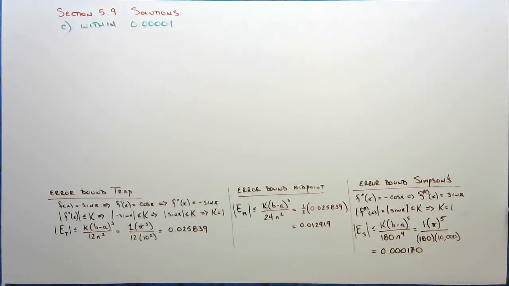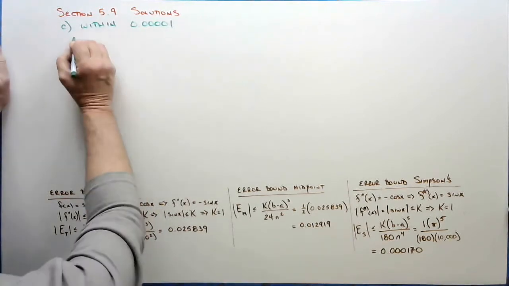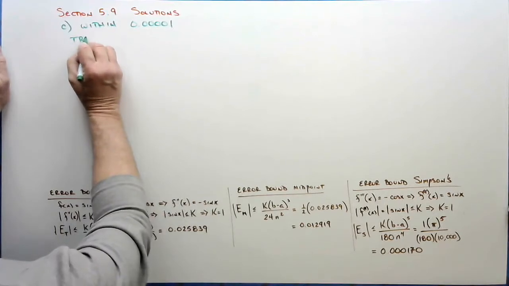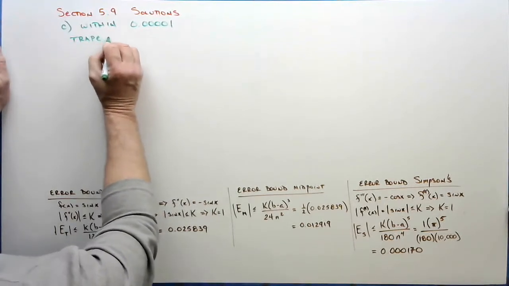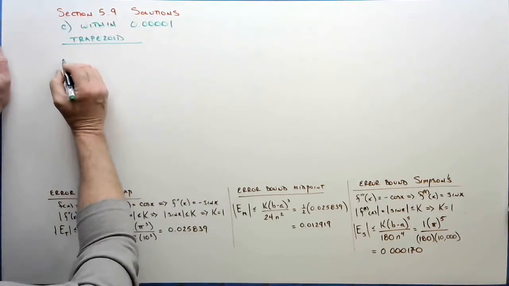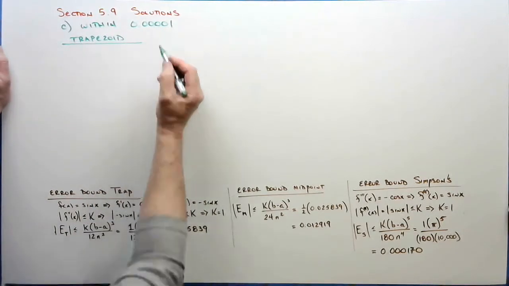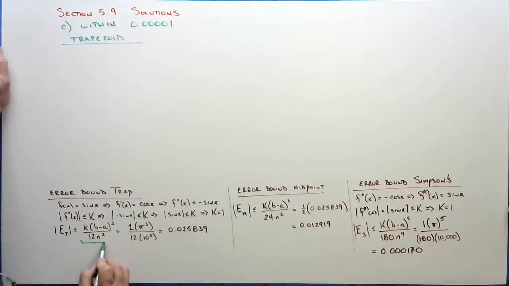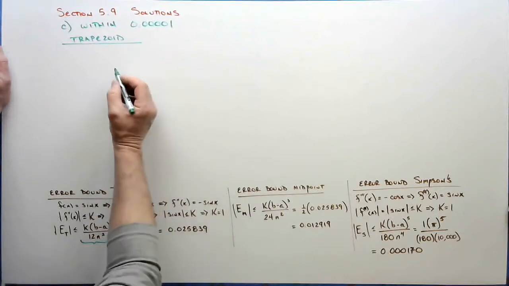And they want us to find the value of N that we would use to calculate that. Now, we've already found the bound on our second derivative. I'm going to start with the trapezoid, right? We'll do trapezoid first. So we have to be less than this. Our calculation here has to be smaller than that.